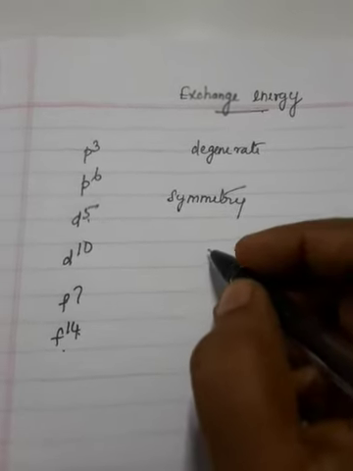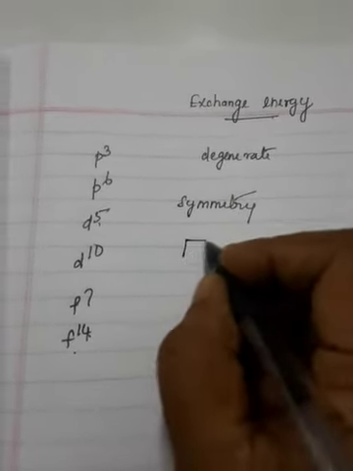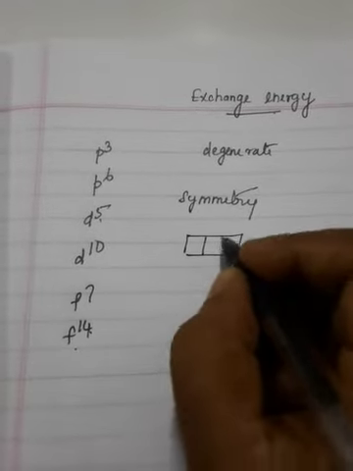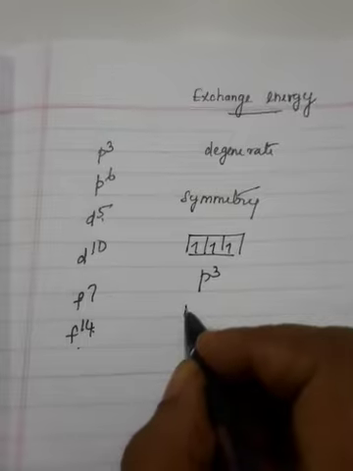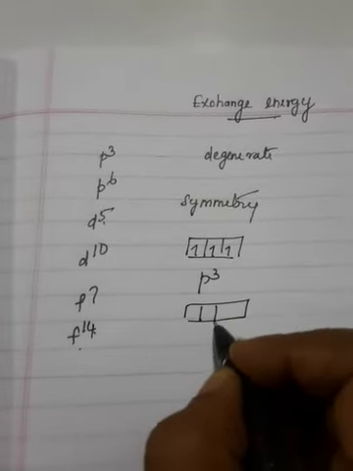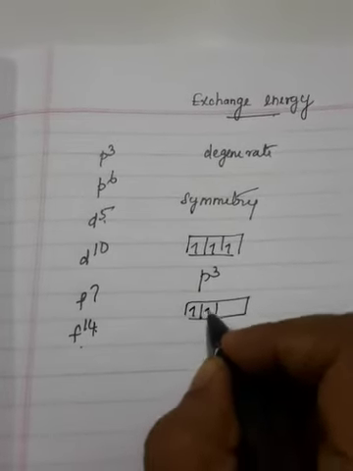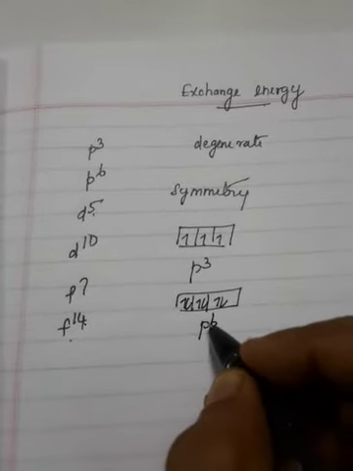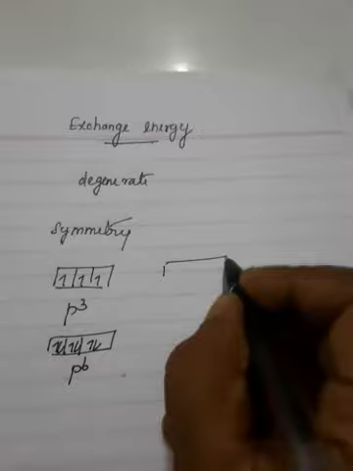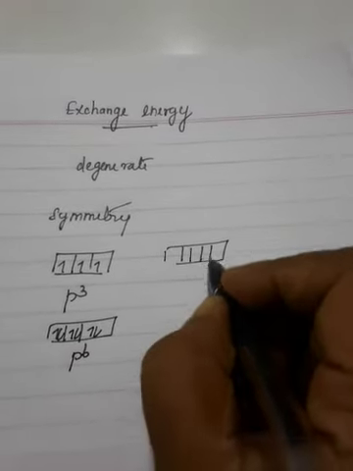For example, p3 is an equal distribution: 1, 2, 3. P6: 1, 2, 3, 4, 5, 6, then starts pairing. Similarly, d5, d having 5 orientations.